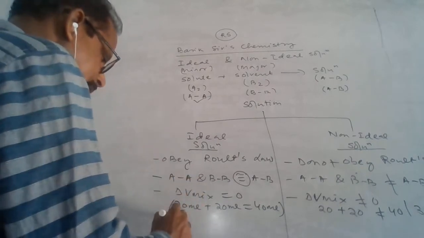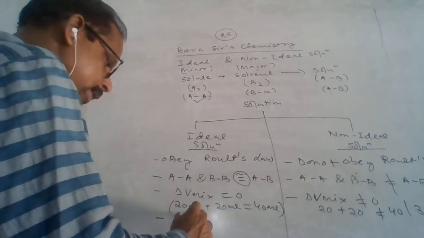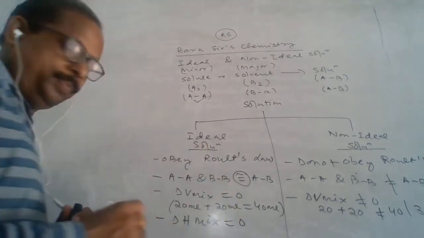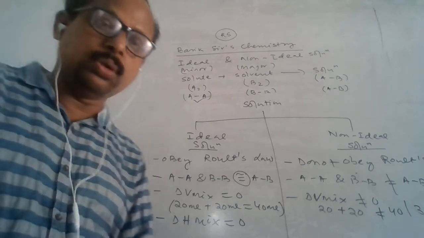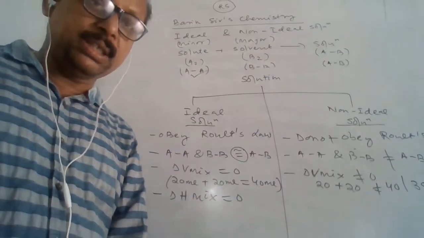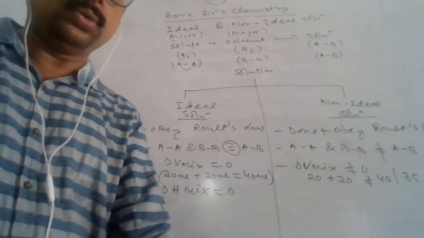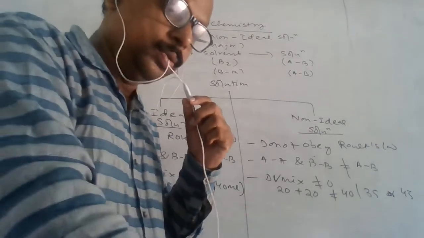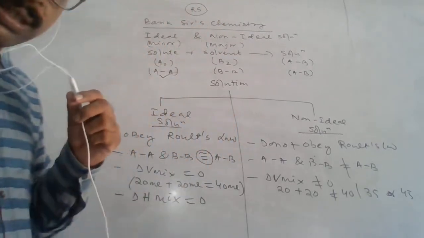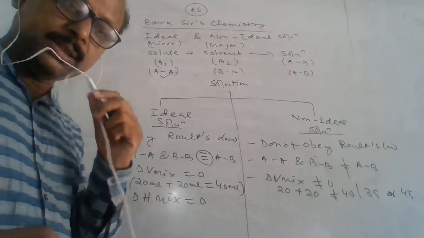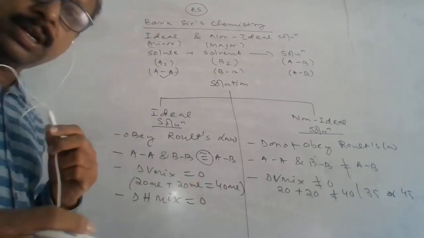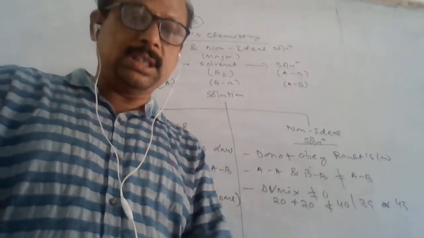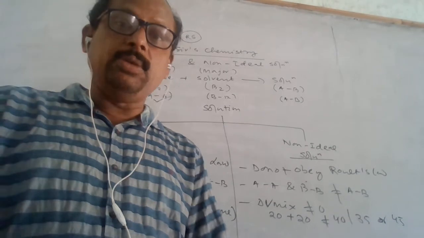Now delta H mixing is equal to 0. What does delta H mixing equal to 0 mean? It means there is no energy change during the mixing.